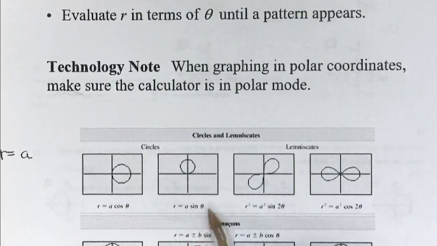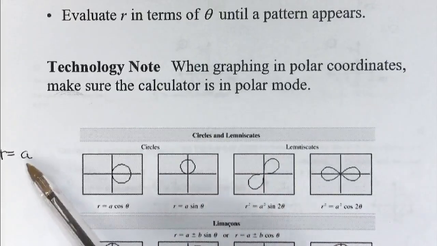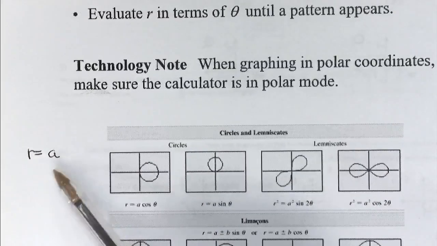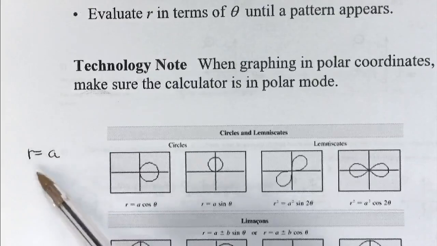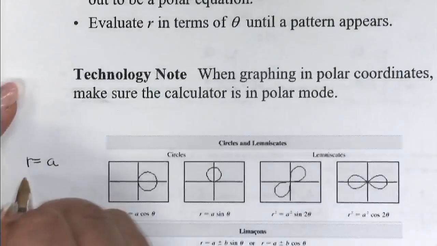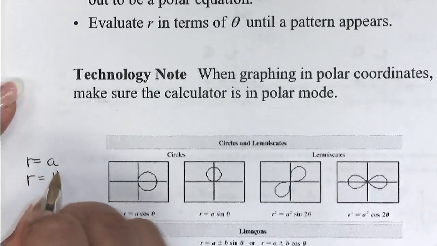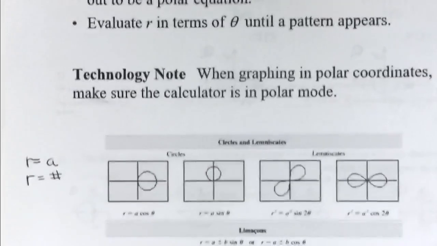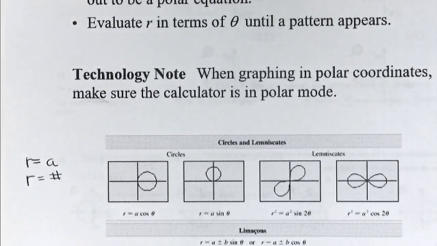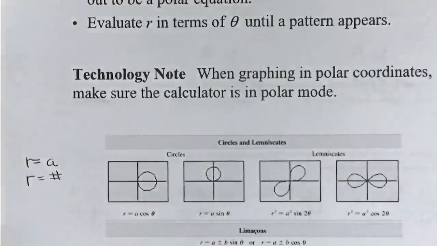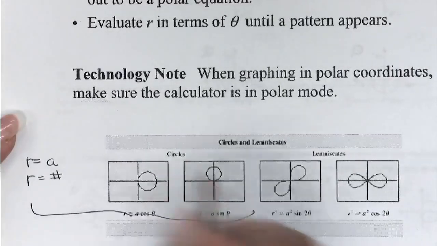They can come in this form where sine is linear with an a value, or you could have the kind where there's no cosine or sine word at all, just r and a number. That's what a and b means. Whenever you see a and b, that just means a coefficient, an integer or a decimal or whatever. Those are the 3 kinds of circles.